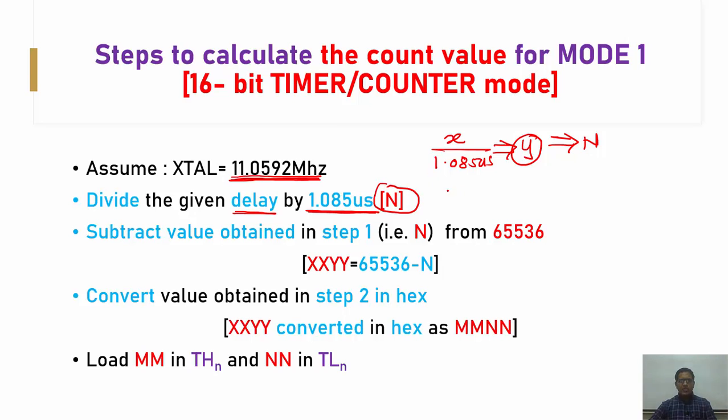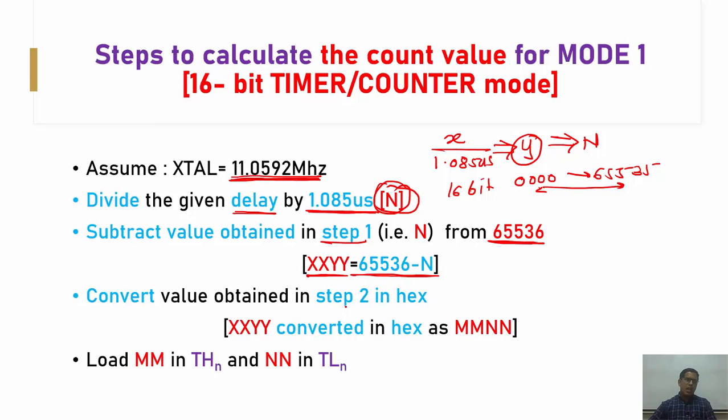In step 2, as we are dealing with the 16-bit mode, from 0000 to 65535, there are a total of 65536 values. So whatever value obtained in step 1, that is n, we have to subtract from 65536. The result, 65536 minus n, is what I call xxyy.